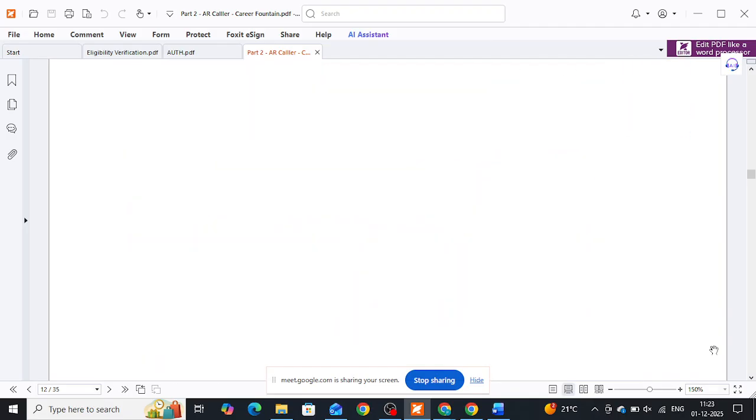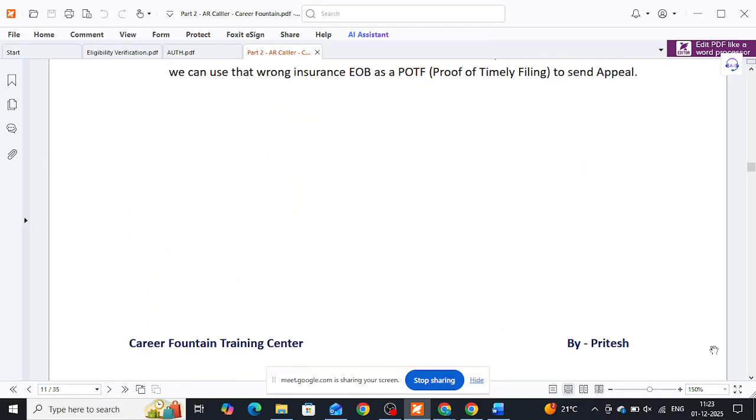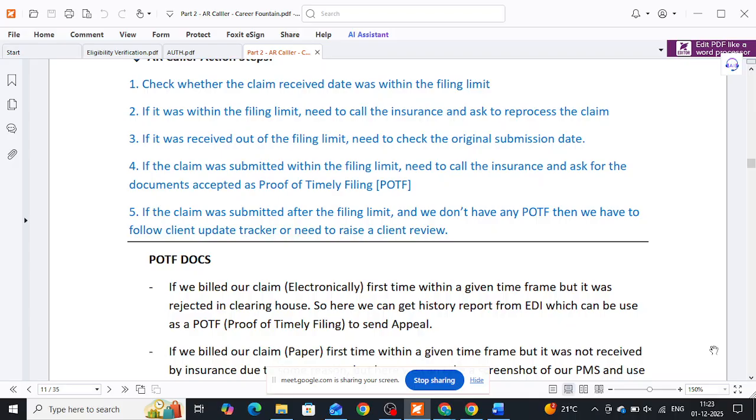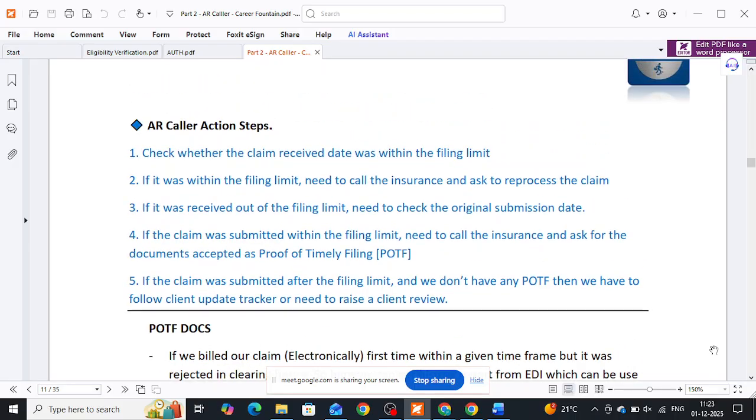If the interviewer asks how you are going to work on untimely filing denials, then in short you can tell them that first of all, we should try in the system itself to find out the reason why we received the denial, whether the denial is correct or not. If the denial is wrong, then we can try to reprocess on the call itself.